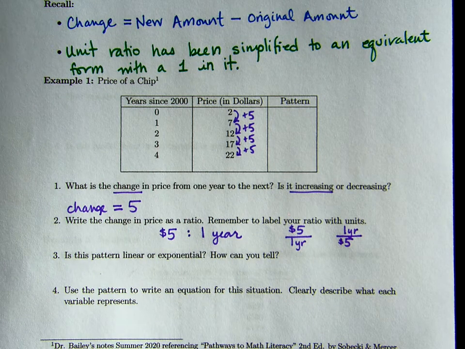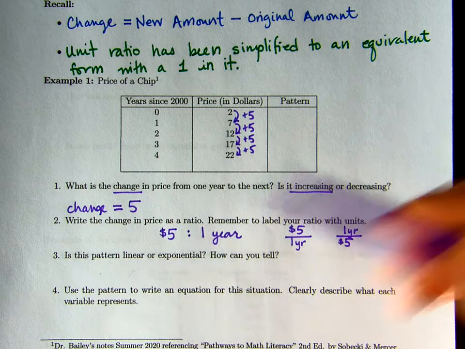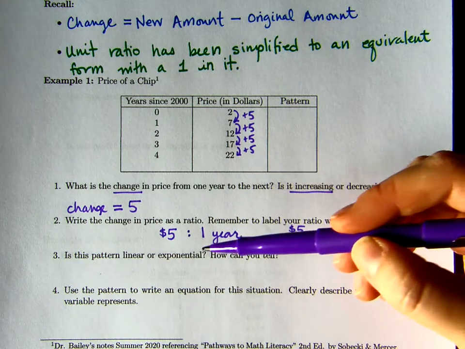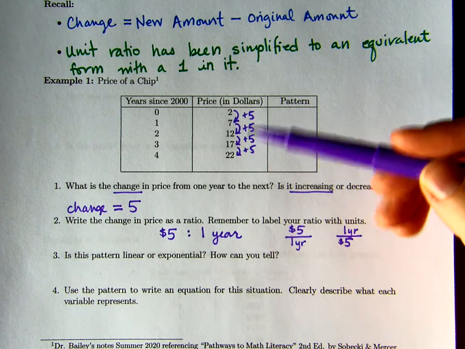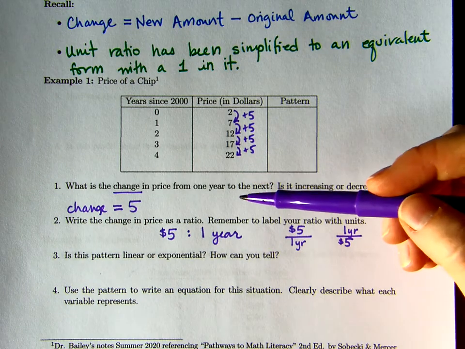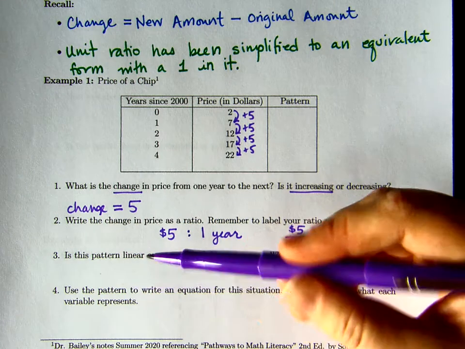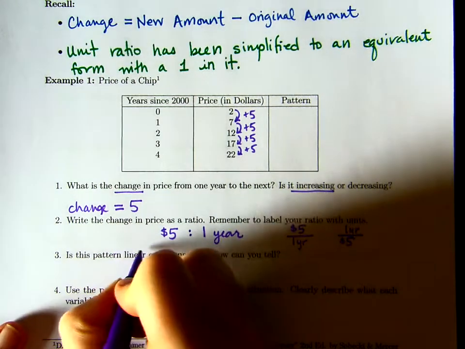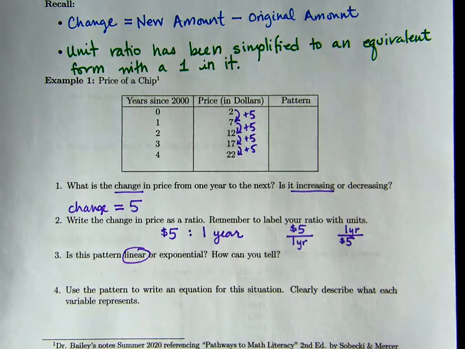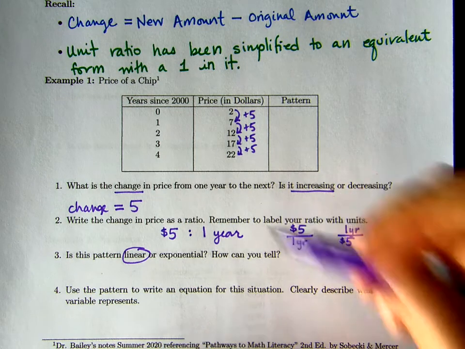Is this pattern linear or exponential? Well, previously we had a section where we talked about linear being a constant addition or subtraction and exponential being a constant multiplier or divisor. So this one is linear. How can we tell? Constant addition.